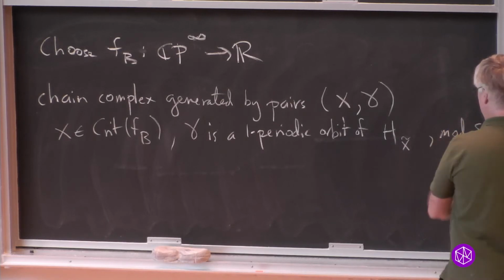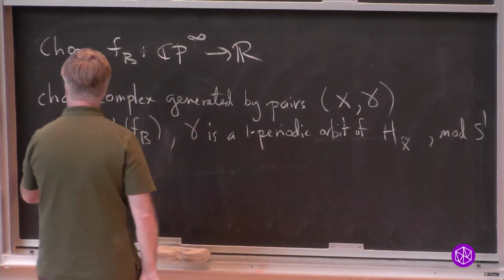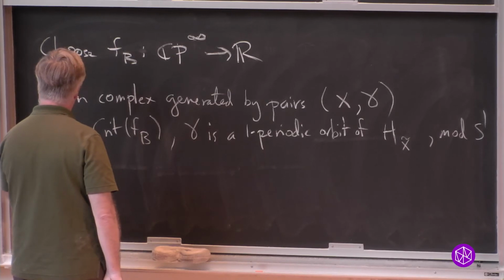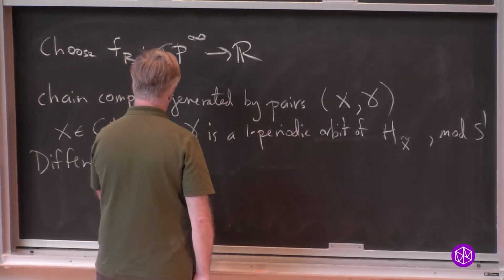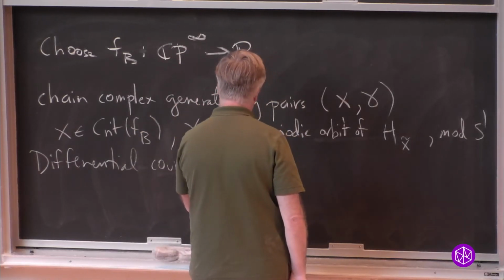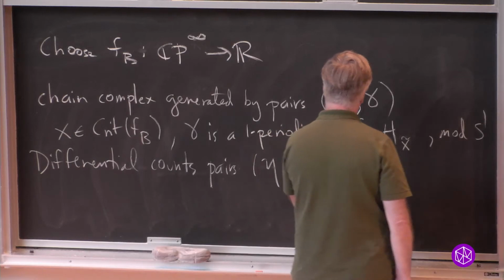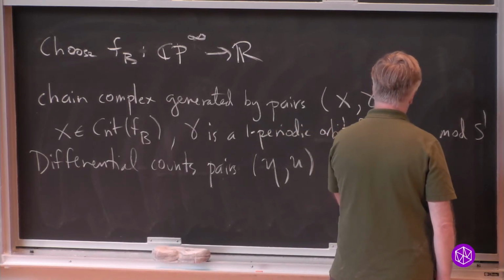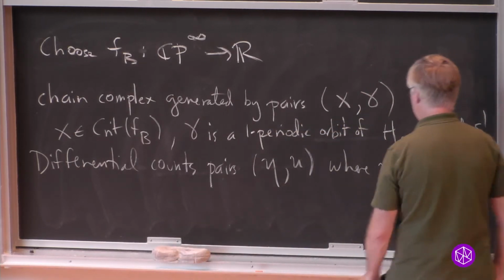So a lot of notation if I write the whole thing, so I'll just give the rough idea. And the differential counts pairs eta, u, where eta is a flow line of the Morse function on the base.